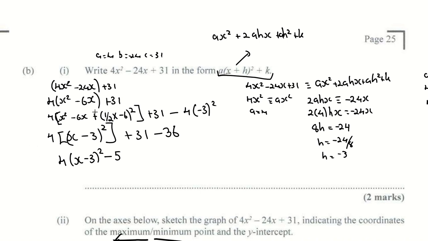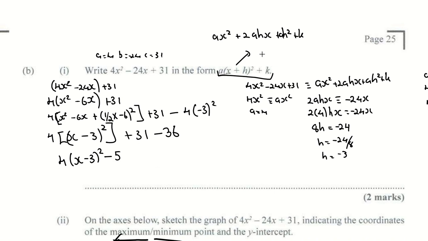So now this here is a perfect square where you have two squared terms, right? And the next term is 2 multiplied by the square root of one of the squared terms multiplied by the square root of your next squared term. Because the sign in front of that term here that is not a squared term is minus, I know I have to subtract x minus 3 squared, and this here, 31 minus 36, is minus 5.